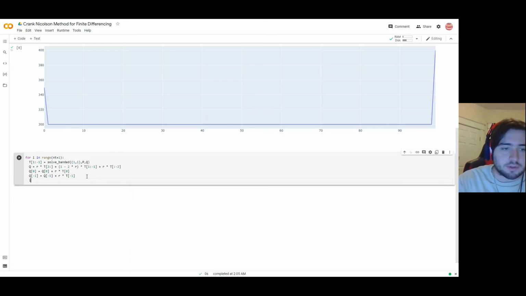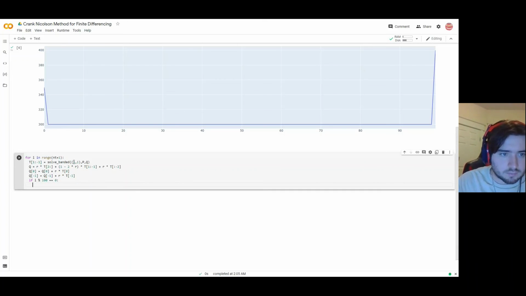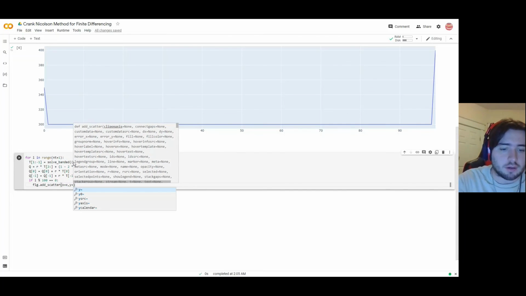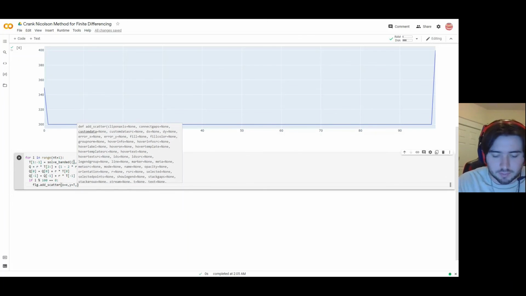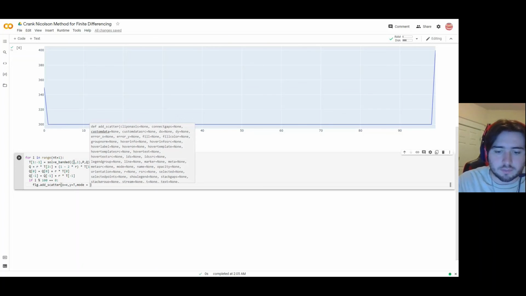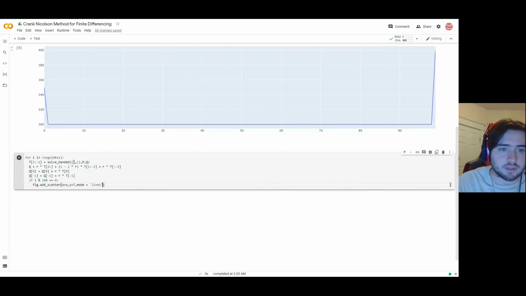And same thing as before. So we're going to set our x-axis, our y-axis, and the values are connected by lines.